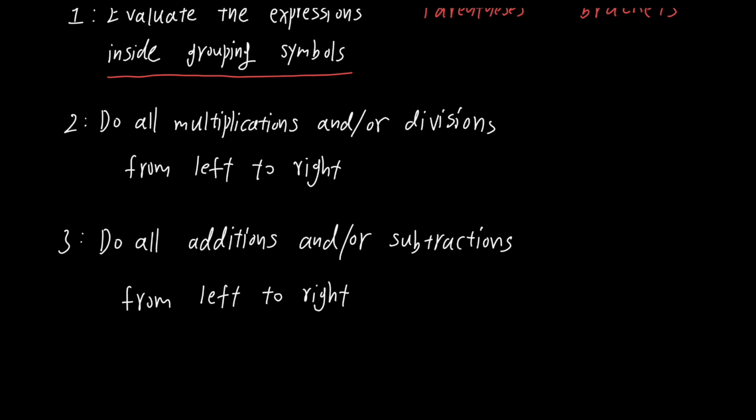So let me show you how to use these rules. Let's say I have 3 plus 4 times 5, and we want to always start from left. But observe this expression.